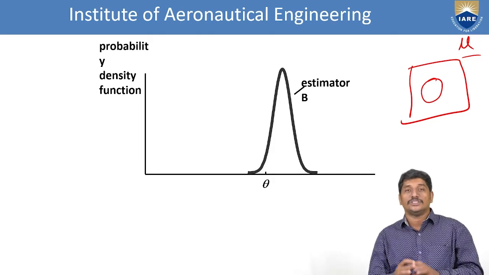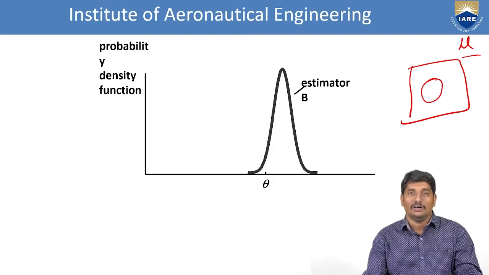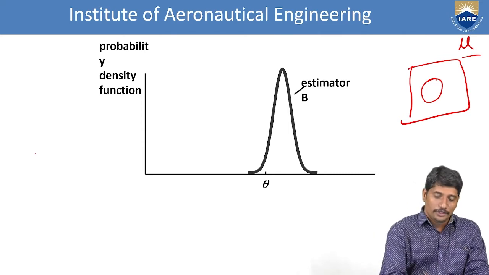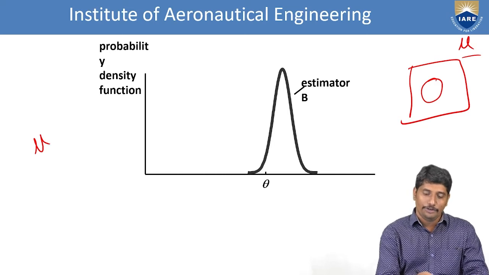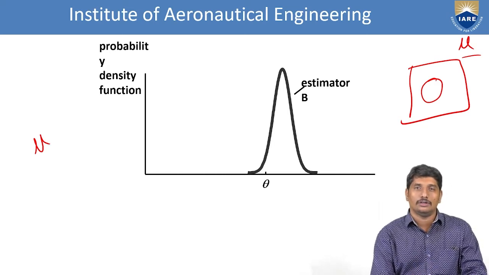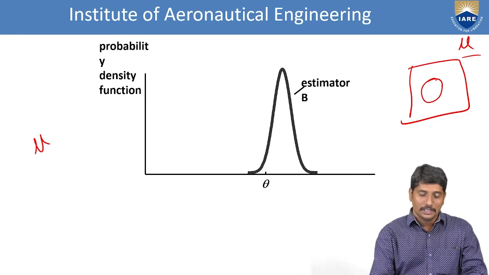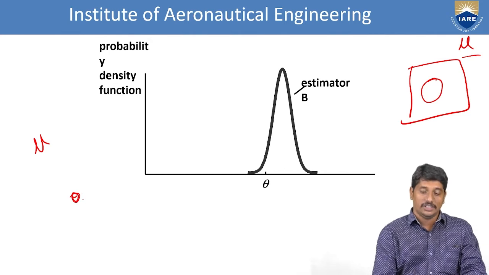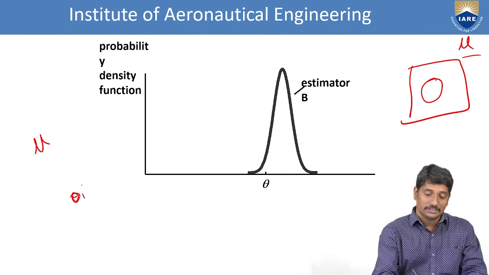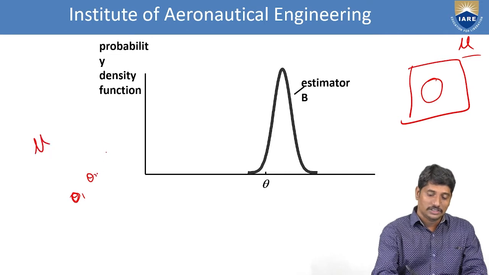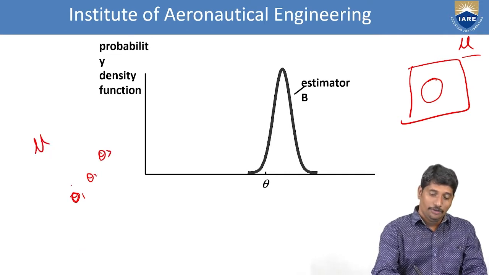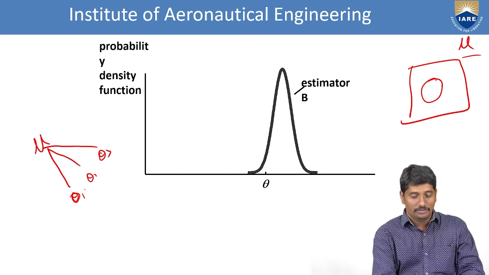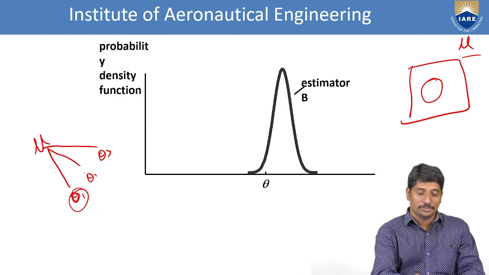Like that, we have certain criteria to distinguish among various estimators. We don't presume that there is only one estimator for theta. Actually, there may be several estimators, several formulas, which help us to estimate the same population parameter. Like with the help of the sample mean, you can estimate the population mean.